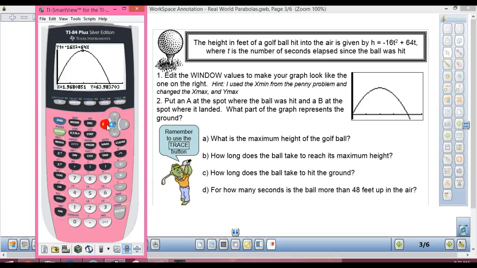So it hits the ground about, when? About, we can round it to a whole number. What would it be? About 4 seconds, yep.